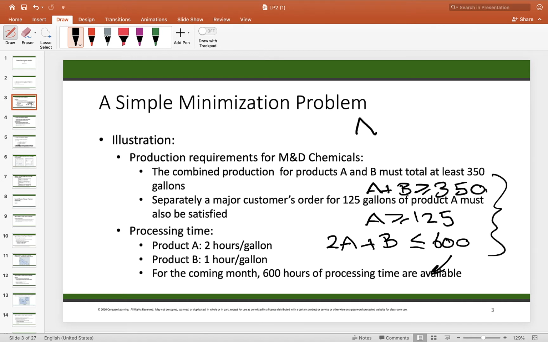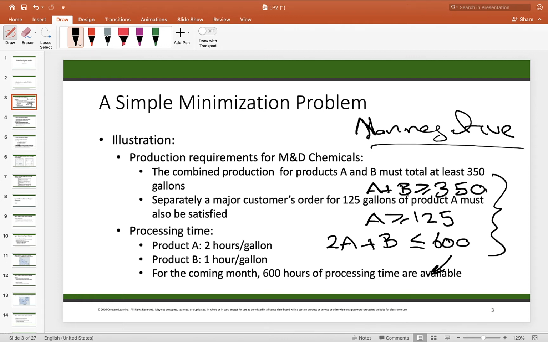The other constraints that you may want are non-negativity. The model can pick that up for non-negativity. And so what else do we have apart from those three constraints?